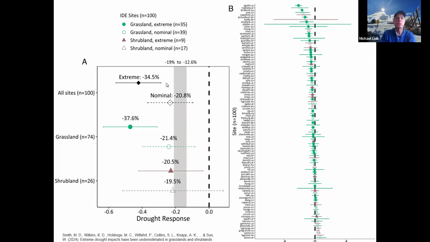Most of the sites in the network were either grasslands or shrublands, with about 3/4 of them being grasslands, because it's just easier to build these things and duck under them and measure grasses.